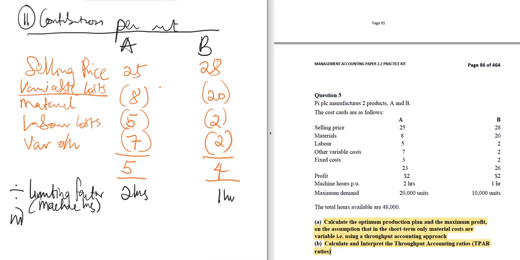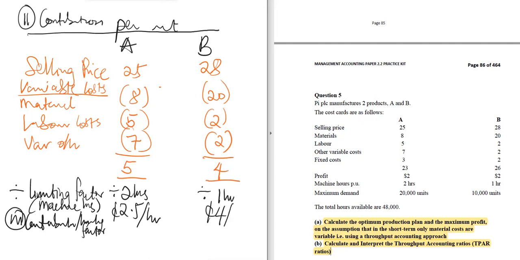That means our contribution per limiting factor gives us 5 divided by 2 and 4 divided by 1. So this gives us 2.5 cedis per hour. This gives us 4 cedis per hour. So that means for every 1 hour, you can make 4 cedis, against every 1 hour, you can make 2 cedis, 50 pesewas.